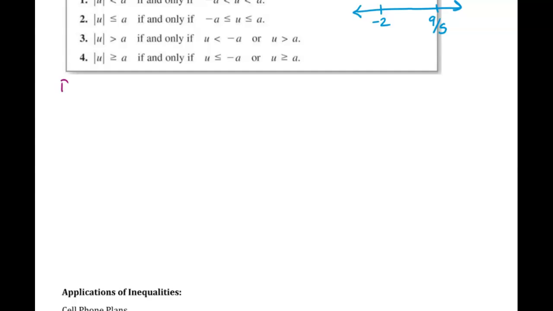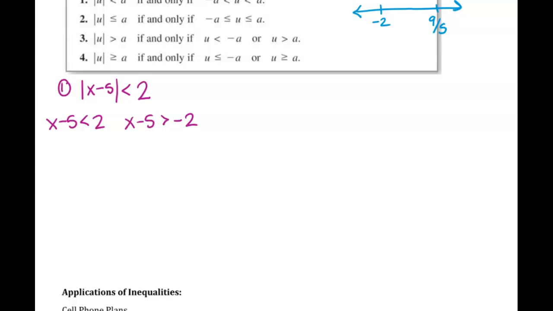So first, if we have the absolute value of x minus 5 is less than 2, what this means is that x minus 5 is less than 2, and x minus 5 is greater than -2.